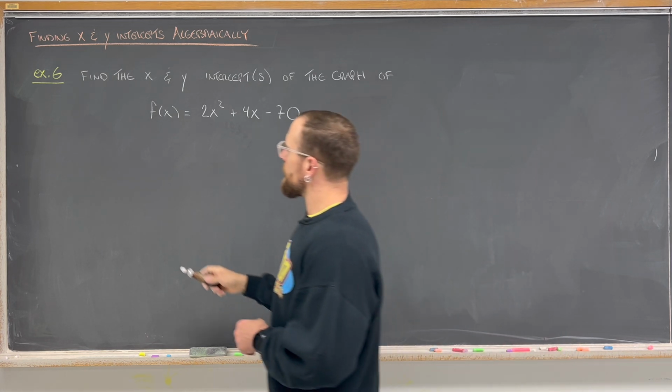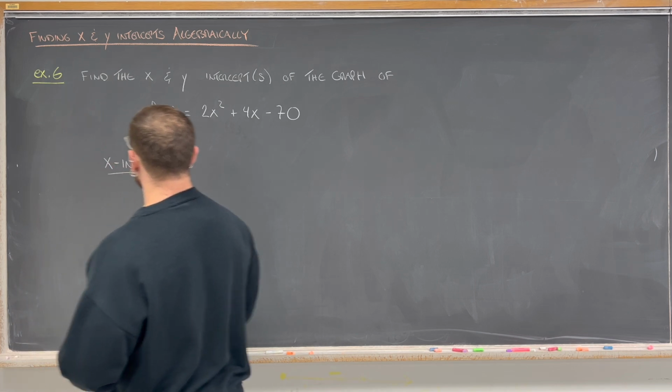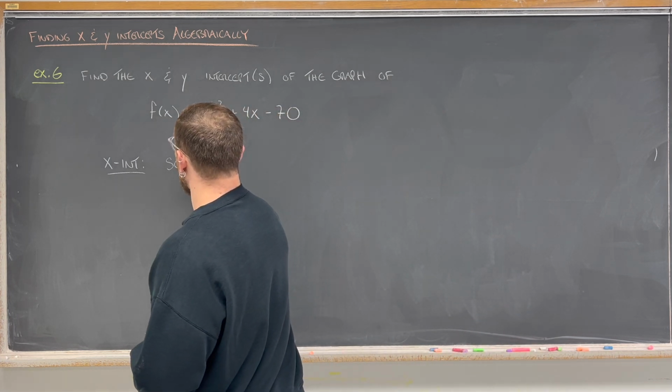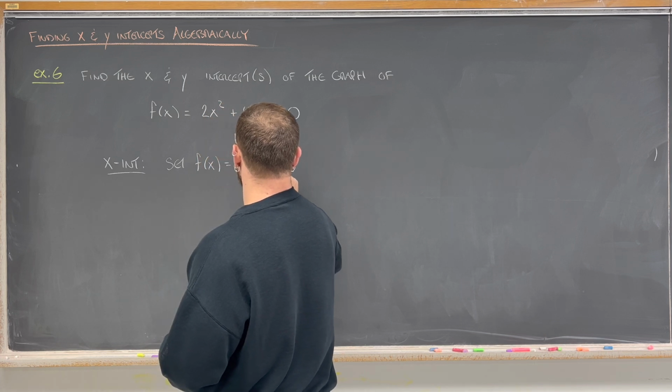The answer is yes. To find the x-intercepts, we're going to set our function equal to 0. So we're going to set f of x equals 0, and we're going to solve for x.